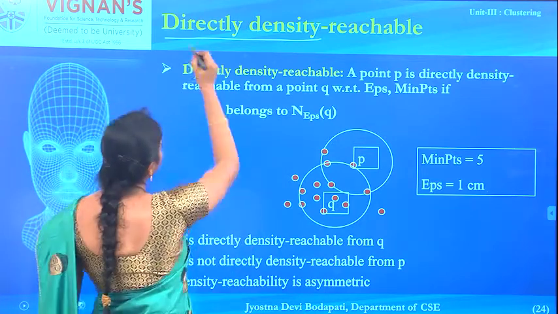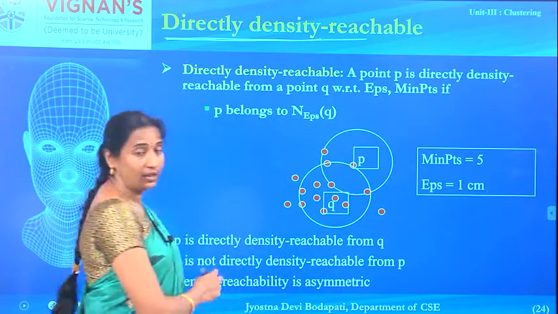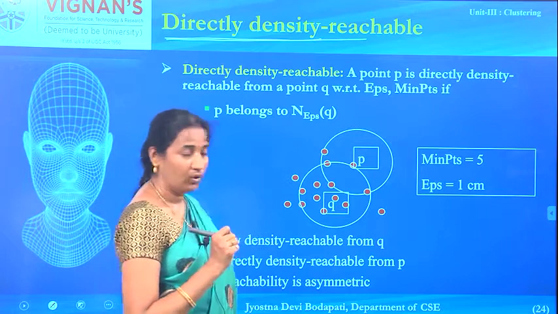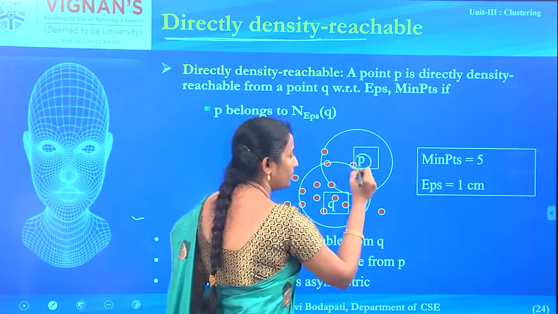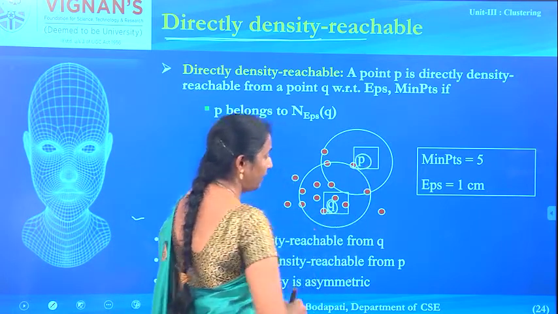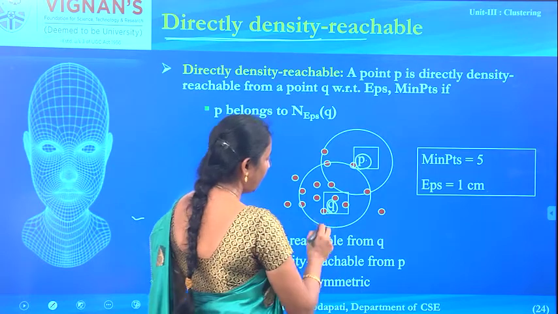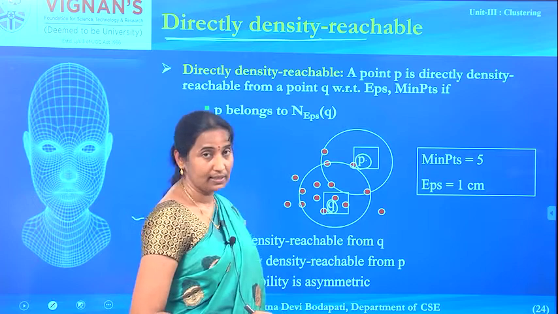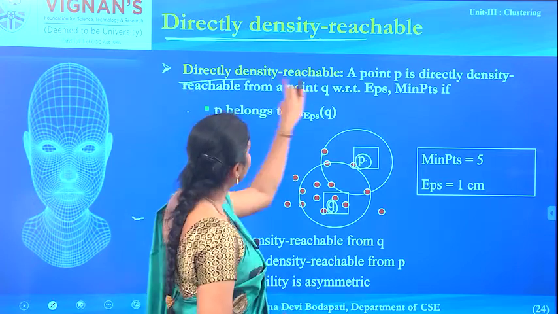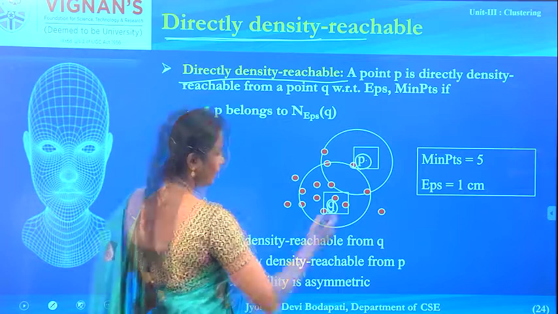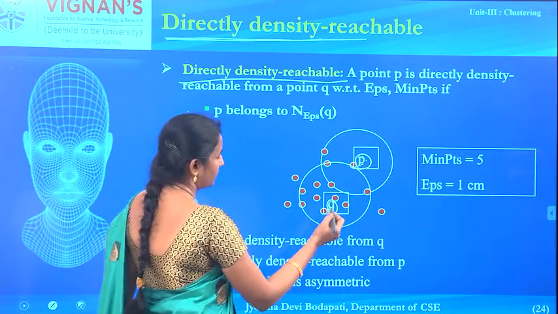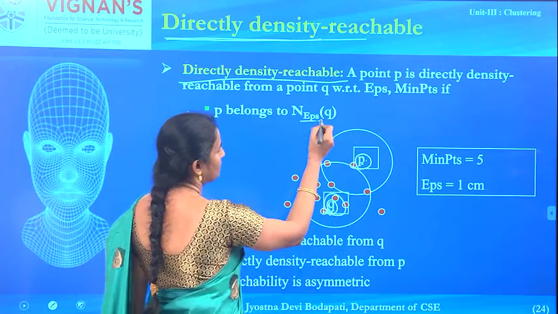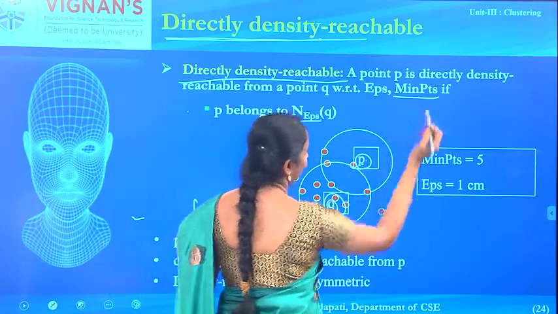Let's understand what a directly density reachable point is. You can define a point P as directly density reachable from a point Q if P is in the nearest neighborhood of Q. Here you can see that P is in the nearest neighborhood of Q with respect to the epsilon value and also the minimum points.